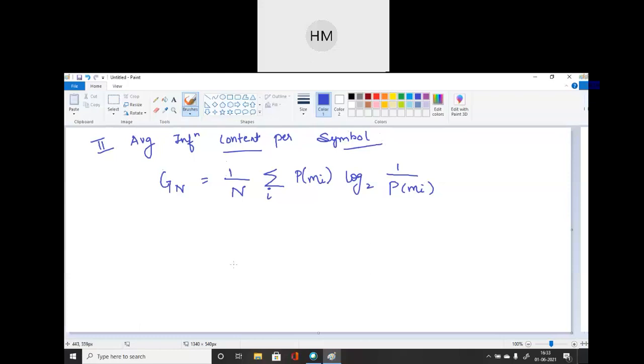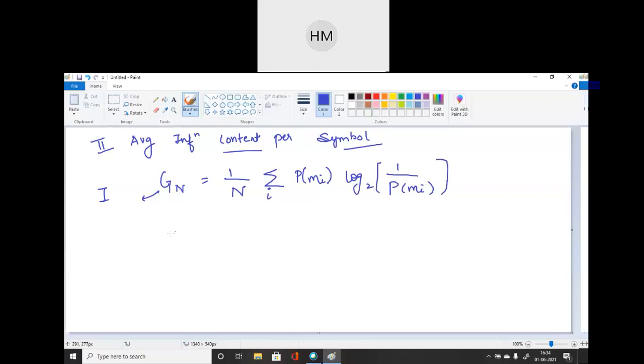So Gn is that, or in some books it is noted as I. Clear? Average information content, information content is I, which we studied in the basic definitions. So Gn is equal to 1 upon N summation i P Mi log 2 1 upon P Mi. Clear students?